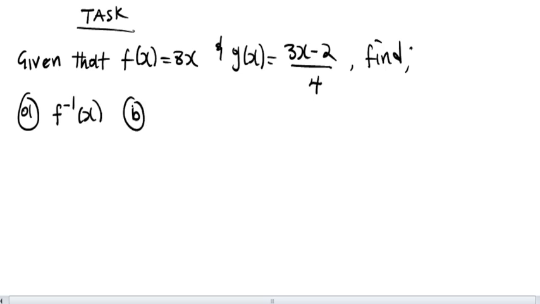The second thing that should be found is an expression for fg(x). Then the other thing that should be found is the value of x if fg(x) is equal to 20.